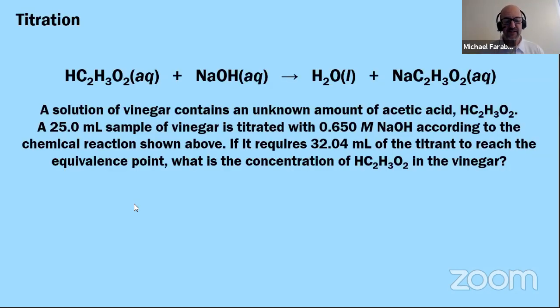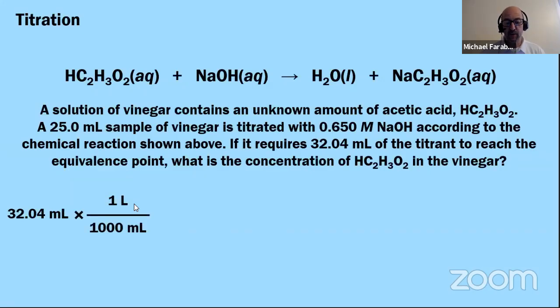A 25.0 milliliter sample of vinegar is titrated with 0.650 molar sodium hydroxide according to the equation above. If it requires 32.04 milliliters of the titrant to reach the equivalence point, what is the concentration of the acetic acid in the vinegar? So we'll convert milliliters to liters.